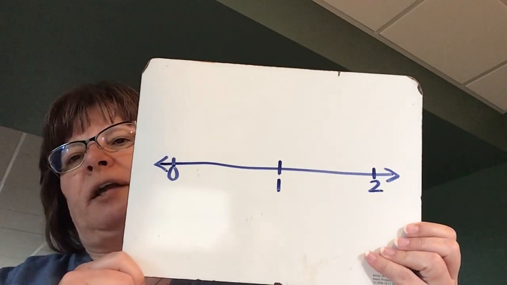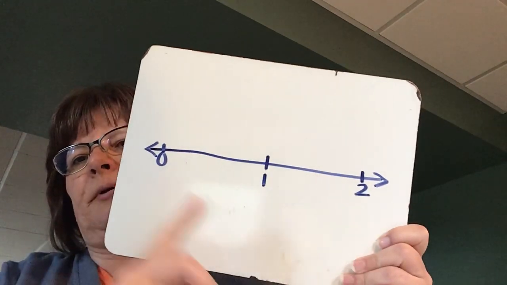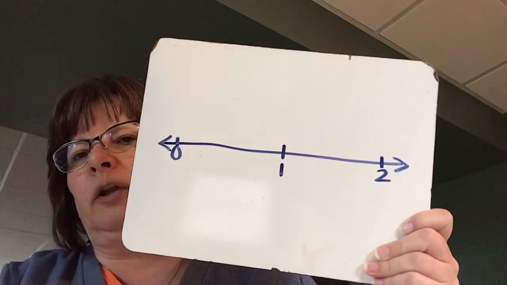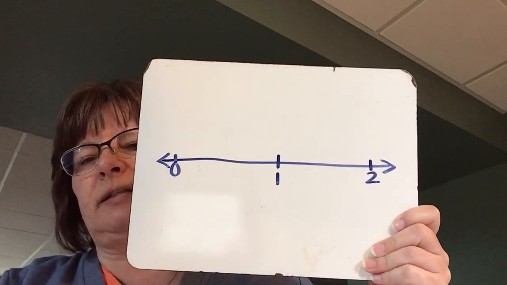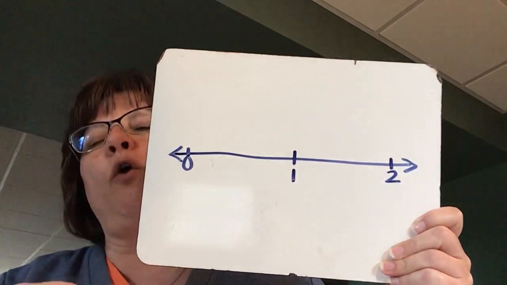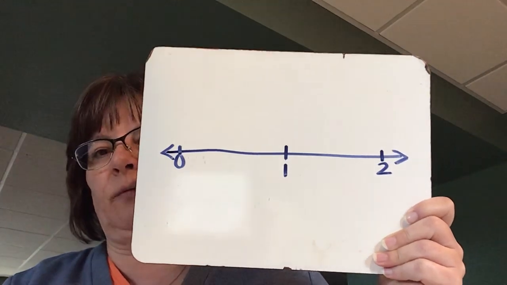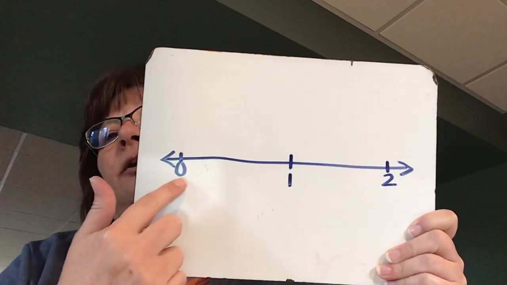And they're kind of trying to trick you because they want you to get mixed up because there's more than one whole here. Now the first thing you need to do when you're partitioning a number line is decide where the whole is. And the whole, W-H-O-L-E, like we talked about last week, is from 0 to 1.